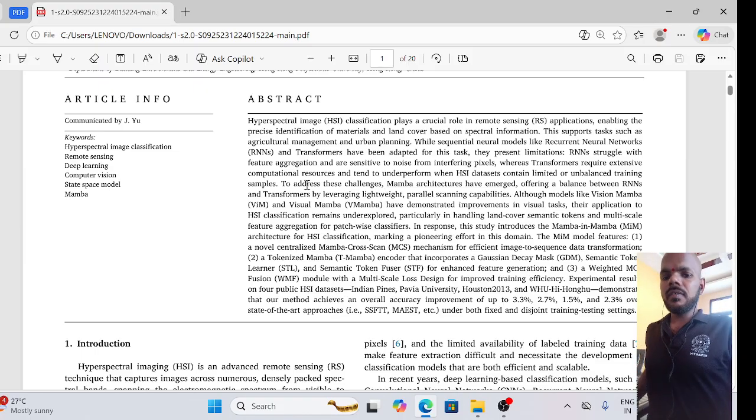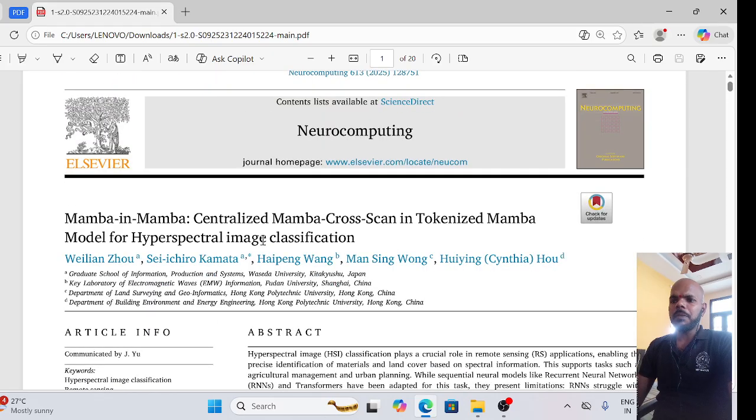All these things are available in the abstract. If you start reading any research paper, you have to start with the abstract, right? Now we can see the title is about hyperspectral image classification, right?